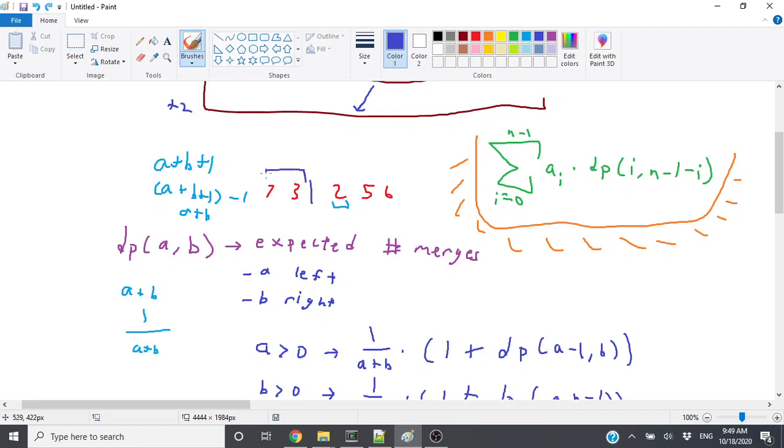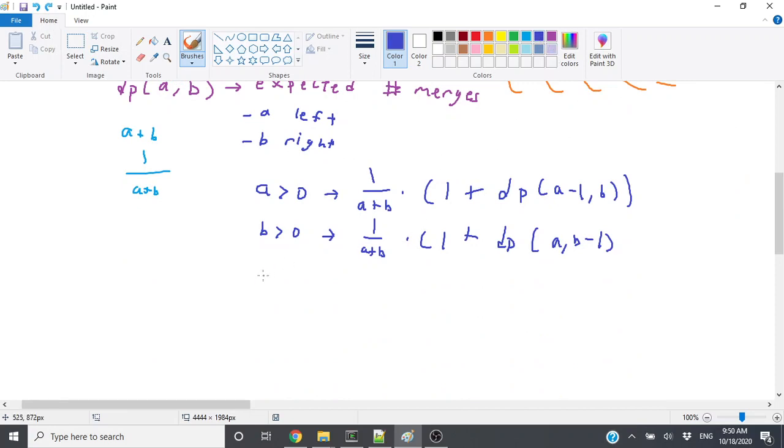Specifically, we have A minus 1 of them. Because note that we have A elements to the left. This whole array is of size A, and by the same argument, there are A minus 1 elements that can be merged. But this is only possible if there's more than one element to the left, because otherwise, any merge would include this one.